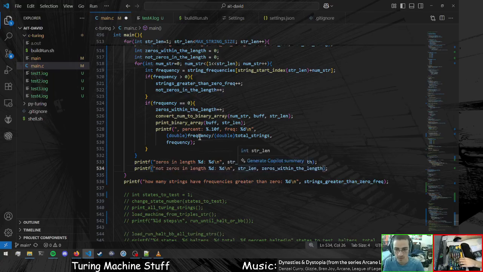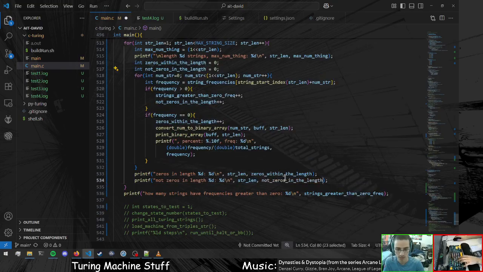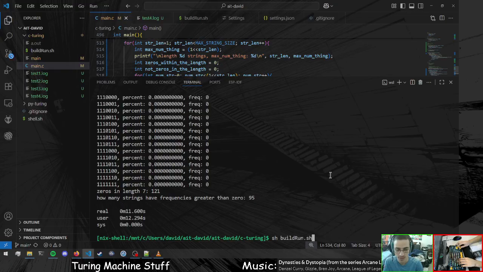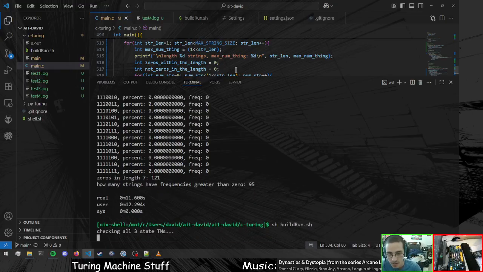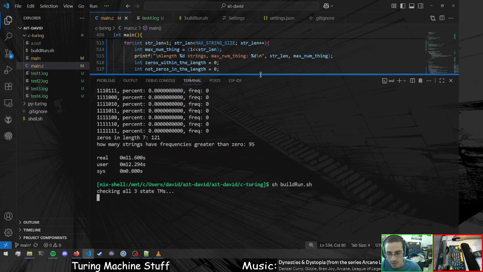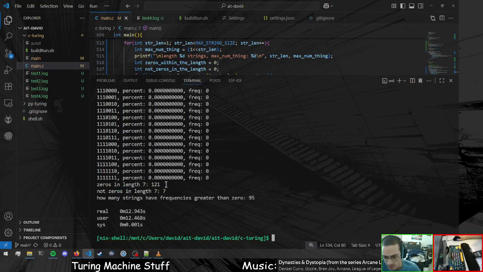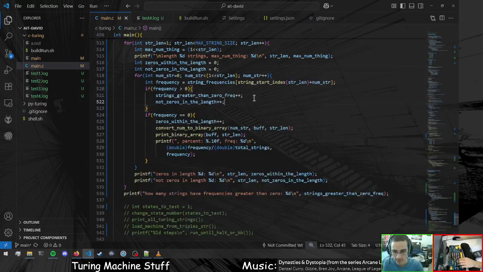Yeah, I'm going to do this. I think this is going to be better, an easier thing to check. Alright. So we have 7 strings that are not 0 in length 7.